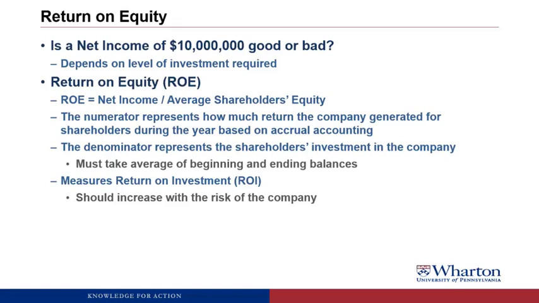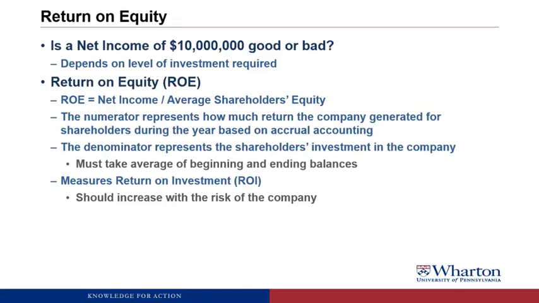So we need to take the average of stockholders' equity to sort of approximate where it was over the year that matches net income. This is one of the places where you might see people use different ratios. Sometimes they'll just take the beginning balance of stockholders' equity as the denominator. In any case, this ratio is going to measure return on investment.